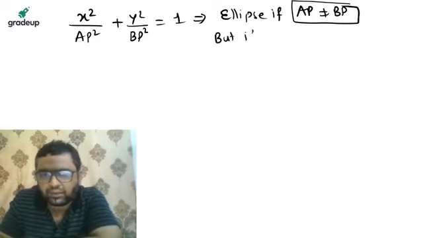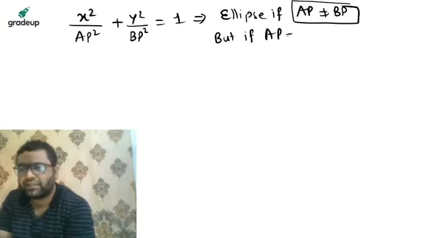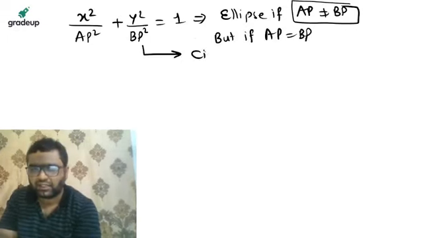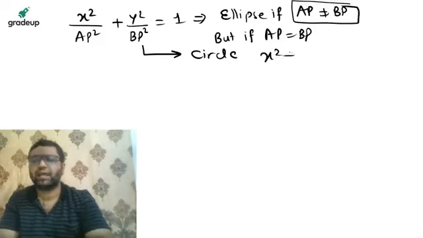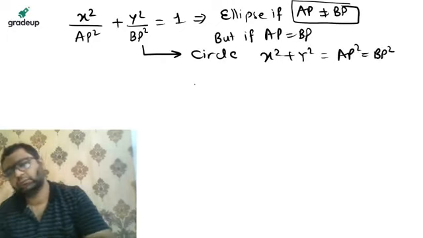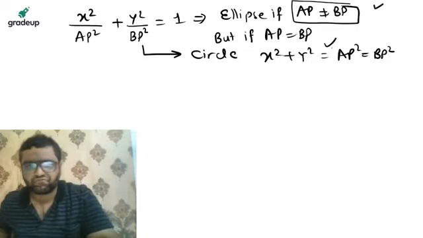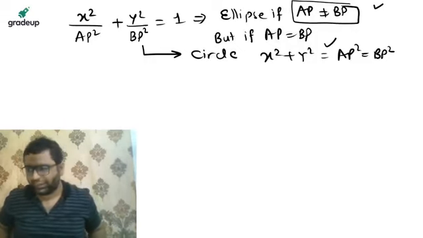But if AP is equal to BP, this will give you a circle. Then the equation will be x square plus y square is equal to AP square or BP square. So whether it is going to be an ellipse or a circle, we can check it.